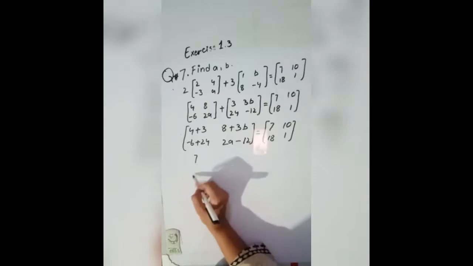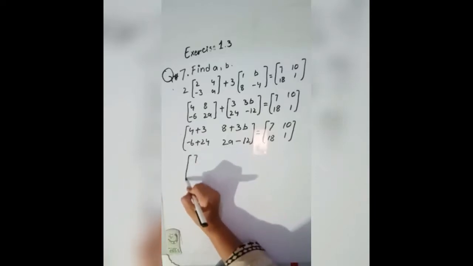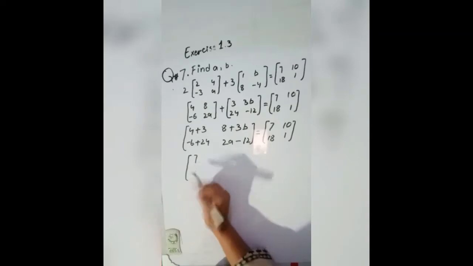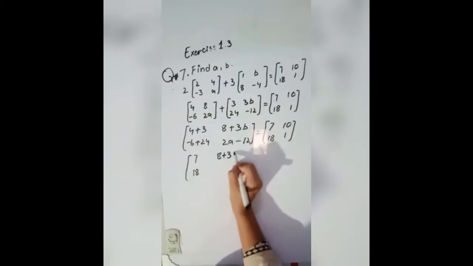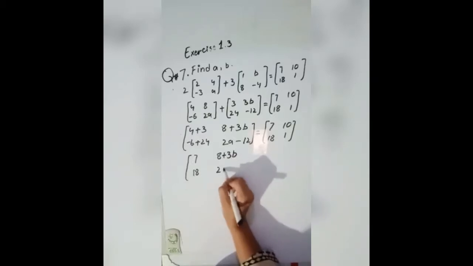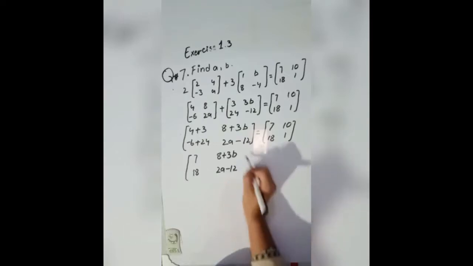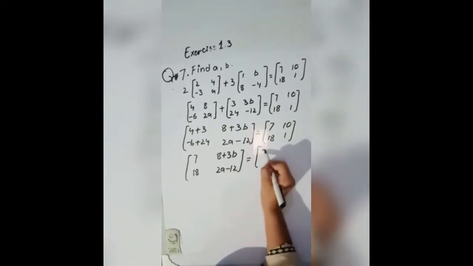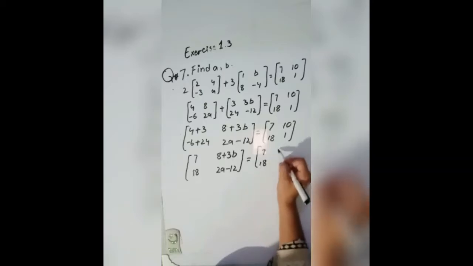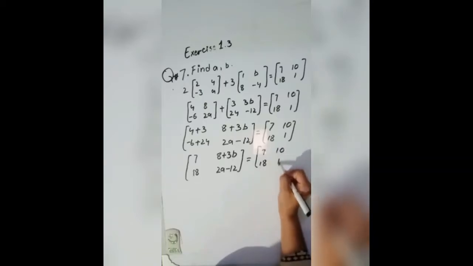So 7, 18, 8 plus 3b, 2a minus 12 is equal to 7, 18, 10 and 1.